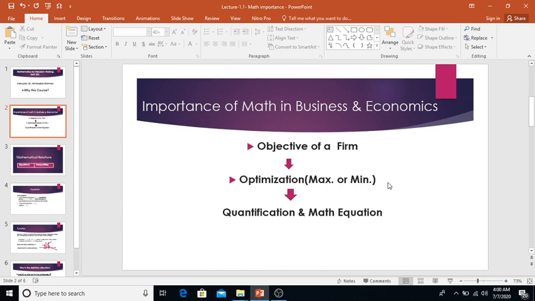When question arises about quantification, we have to have mathematical equations, solving which we can find solution. Yes or no? So without this course, we cannot be a good manager.